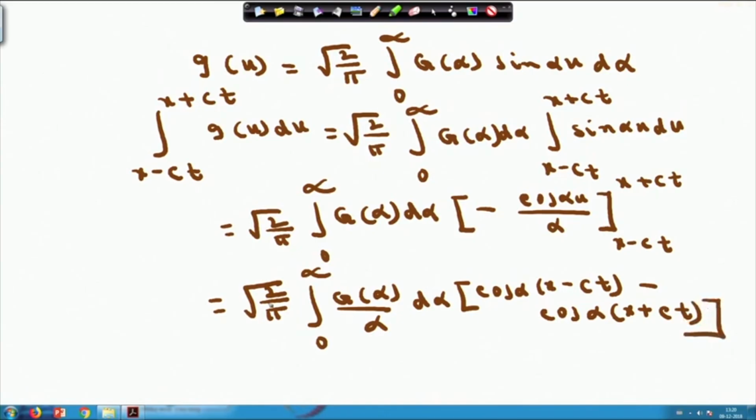So this is your case for g(u): from the integral x-ct to x+ct you are obtaining this. Therefore, this value that you obtained was in the second term of our u(x,t). So the second term of u(x,t) will be the integral from x-ct to x+ct of g(u) du.